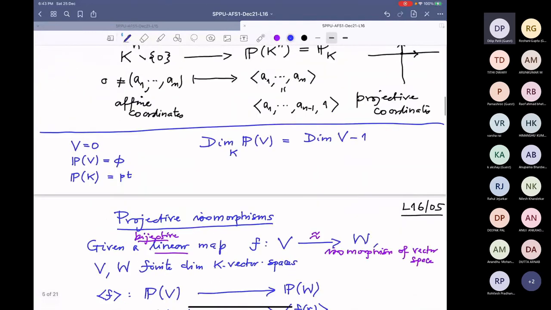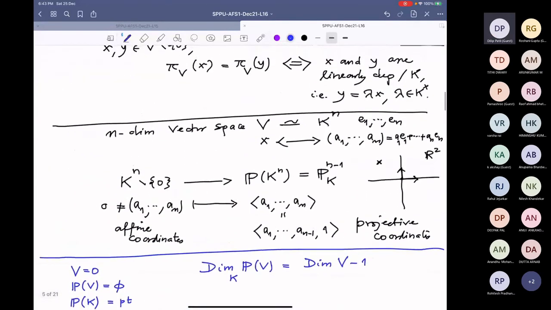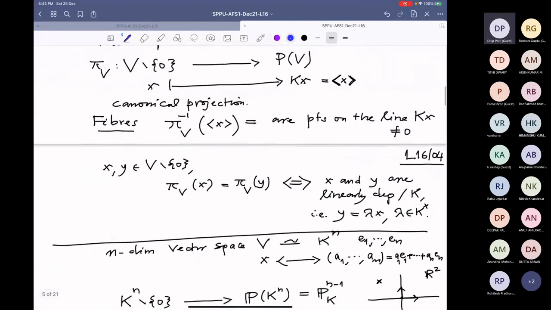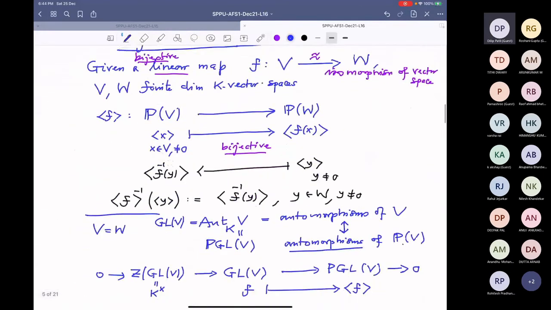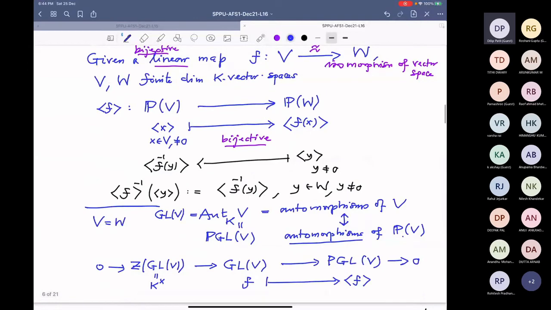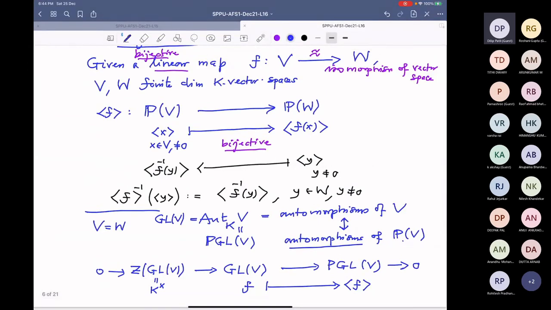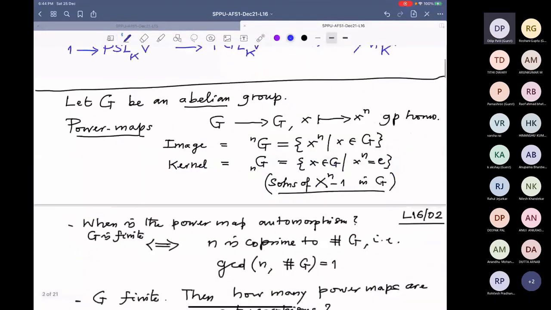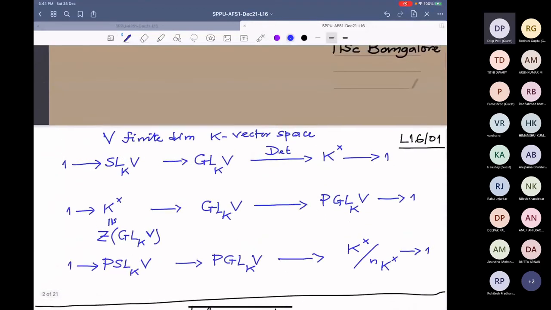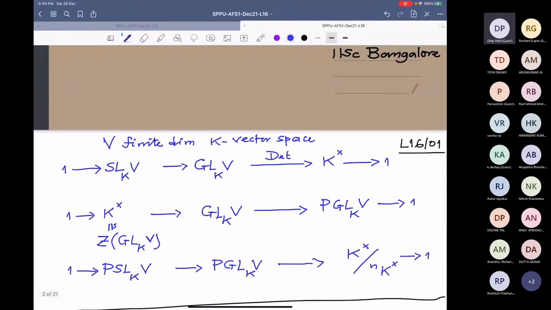So if you go mod that K cross, they give the same thing. That is the reason. So that is how we got that sequence which I wrote in the beginning today. See, this sequence. That explains this group. Where is it coming from? Algebraically, it is GL_K(V) mod the center.